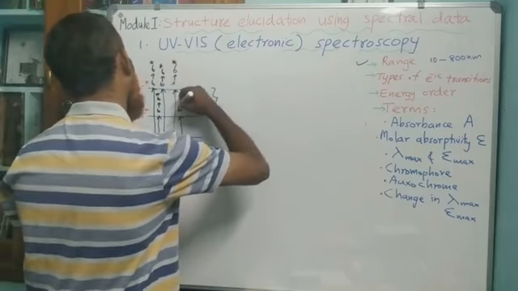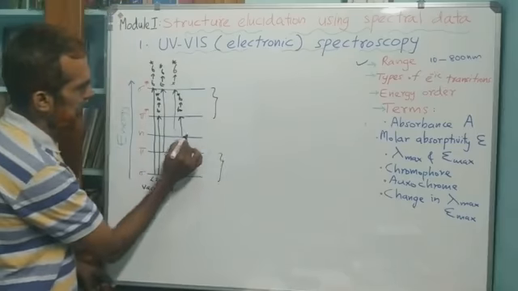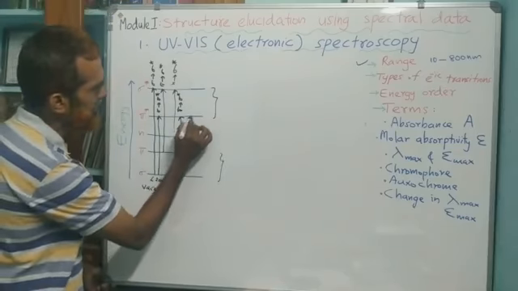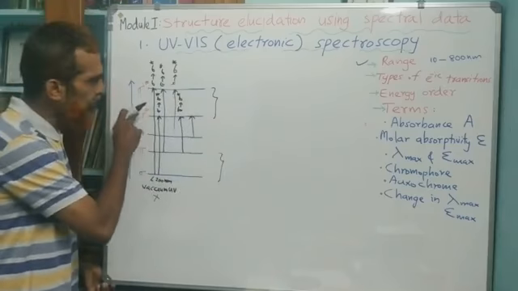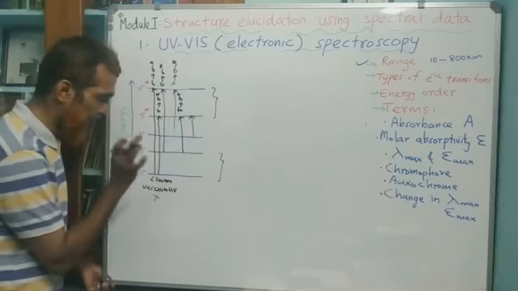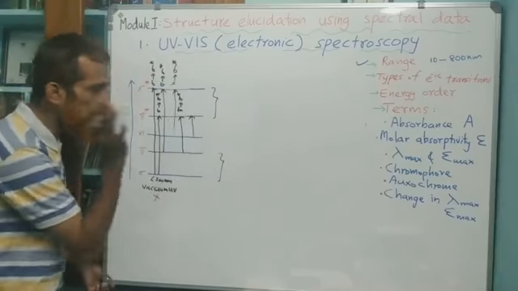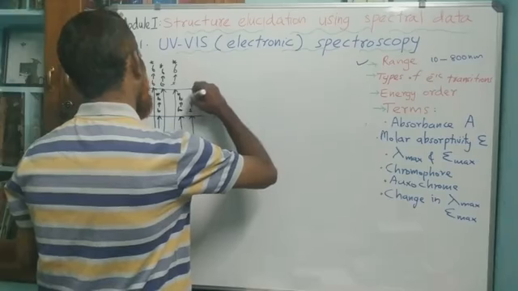Okay, this is pi to pi star. And finally, it is N to pi star. You can see that in all transitions, the electron is moving to one of the anti-bonding orbitals. It can be from bonding MOs or the non-bonding molecular orbital. So this is N to pi star.